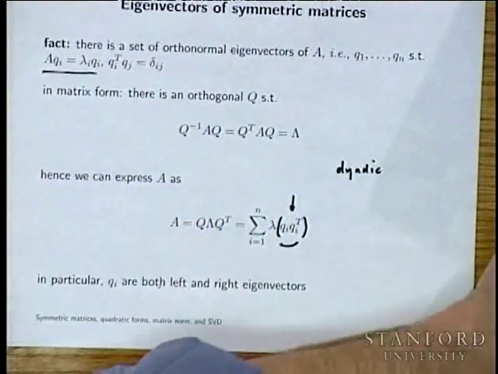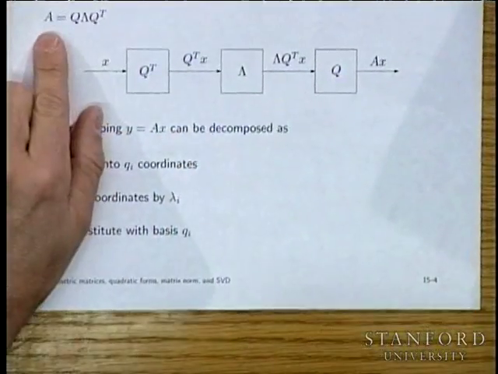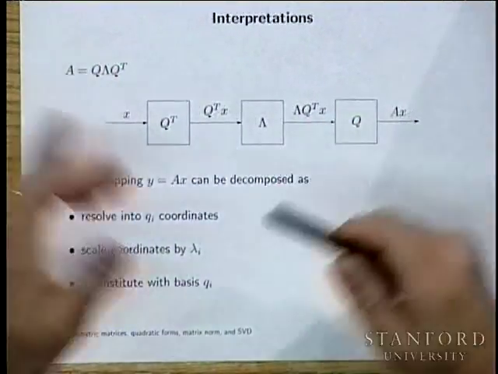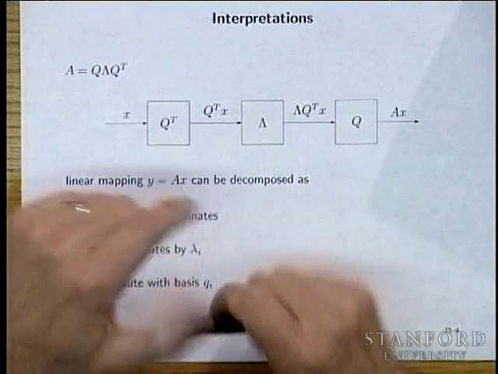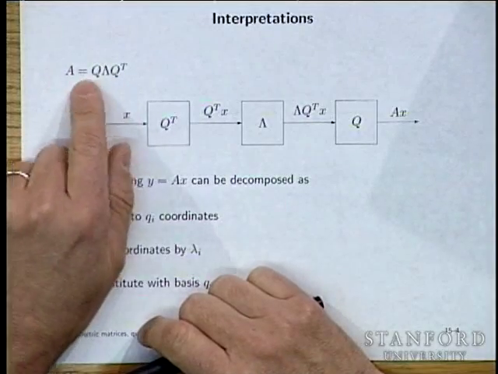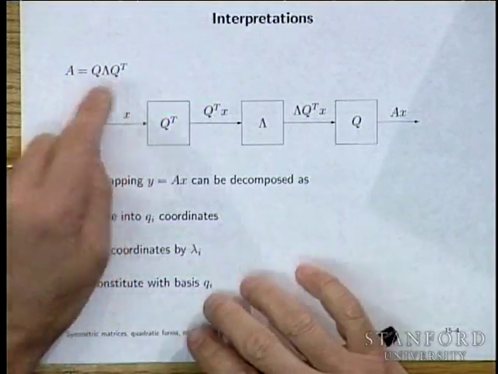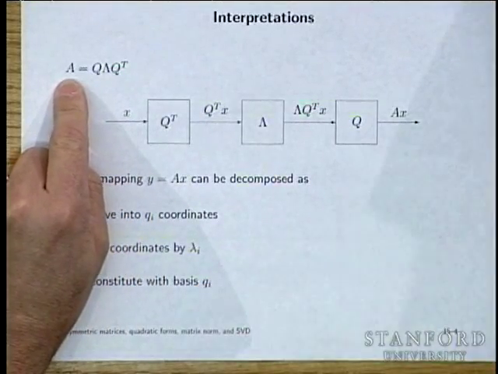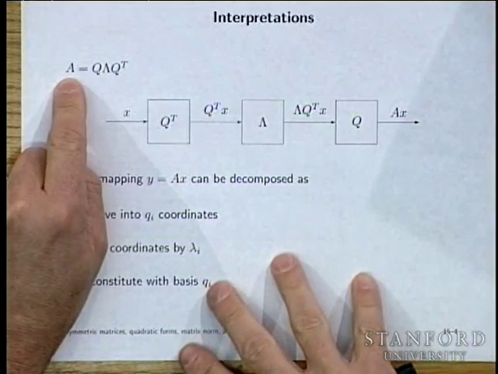Okay. Let's interpret this formula. A is Q lambda Q transpose. Now remember, Q transpose is Q inverse. So let's look at some interpretations. The first is to look at three matrices separately. It says that if you want to operate by A on a vector, here's what you do.